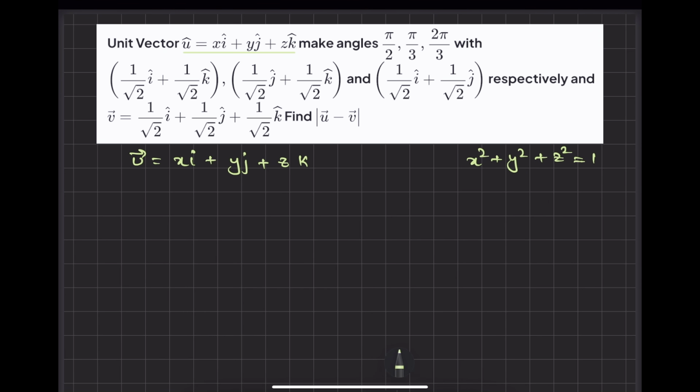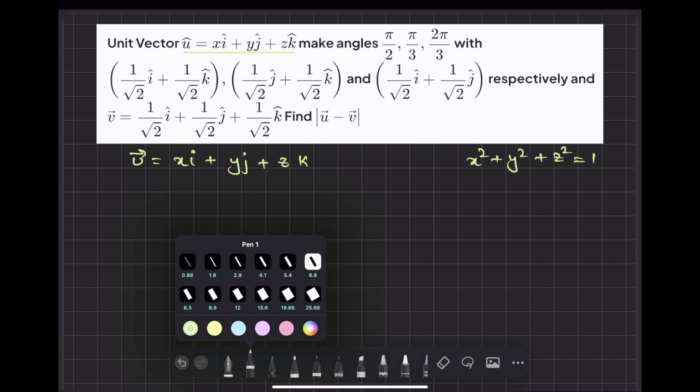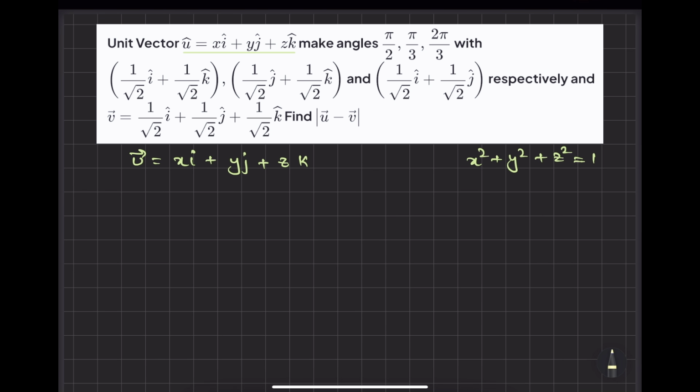Now it makes 90 degree. So 90 degree with this vector. So suppose that this is vector a. Okay, and if they are making 90 degree, we can go with just the dot product, because they have given the angle as well.